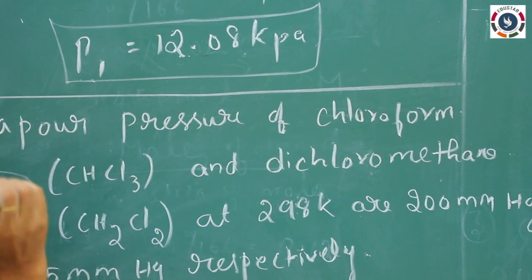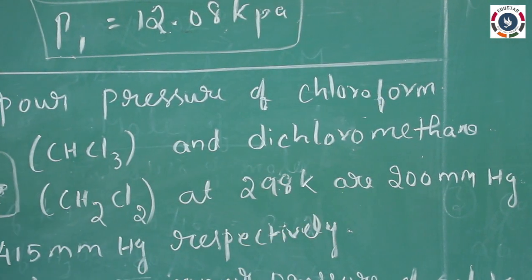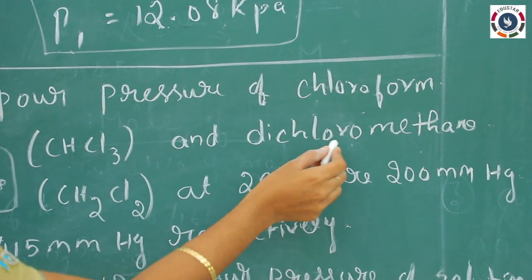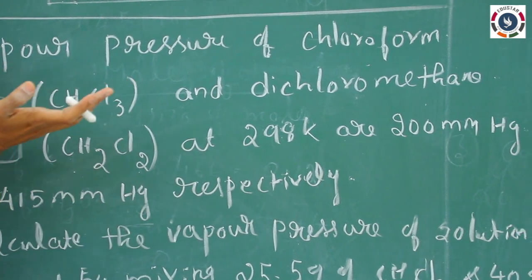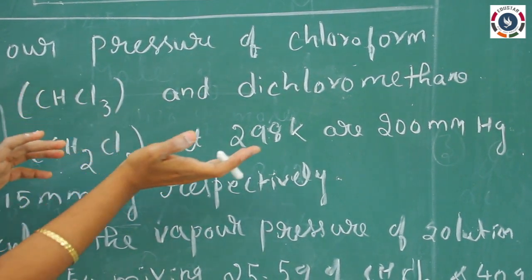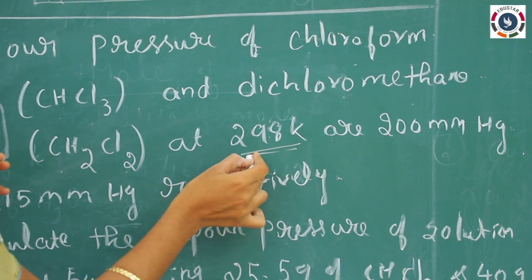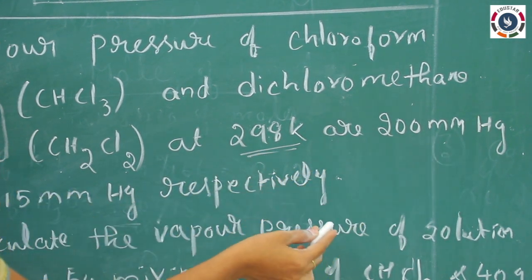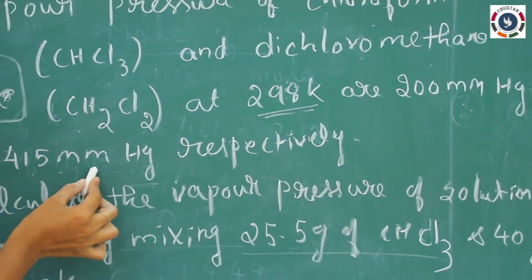Listen carefully, they have given two components. The vapor pressure of chloroform, the formula for chloroform is CHCl3, and dichloromethane, that is CH2Cl2. Assume chloroform as component 1 and dichloromethane as component 2 at a particular temperature. They have given the vapor pressures 200 mm Hg and 415 mm Hg.